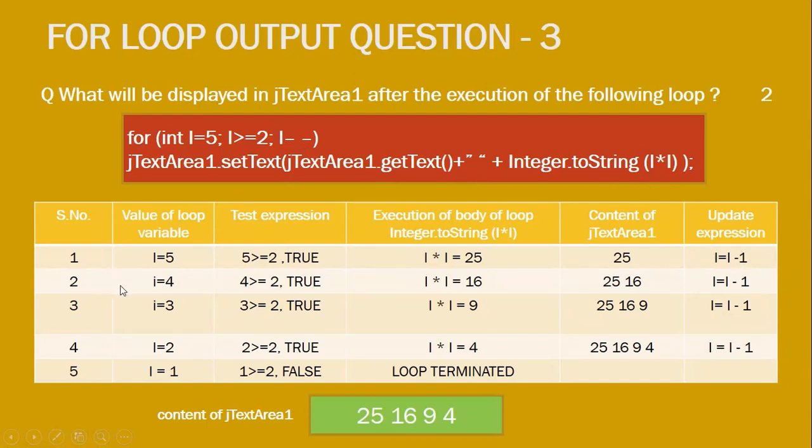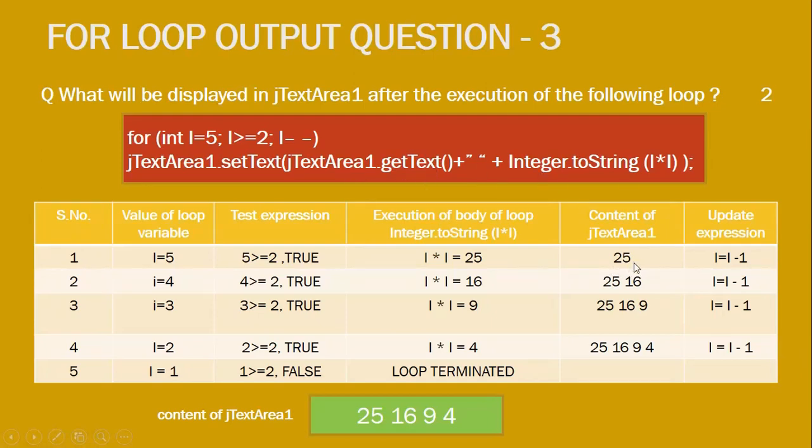So in the next iteration, the value of I will become 4. As 4 is greater than or equal to 2, this condition is true, so again the body of the loop will be executed. As the value of I is 4, 4 into 4 is 16. This statement will get the text stored in JTextArea1.